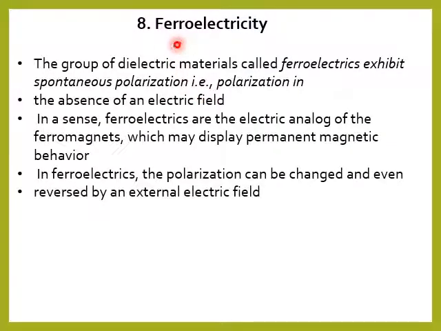Ferroelectricity. The group of dielectric materials called ferroelectric is the third class of dielectric material. These ferroelectric materials have spontaneous polarization. This means they have permanent dipoles, and their dipoles are aligned spontaneously in the absence of an electric field.